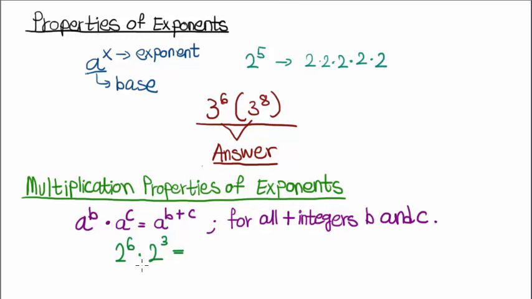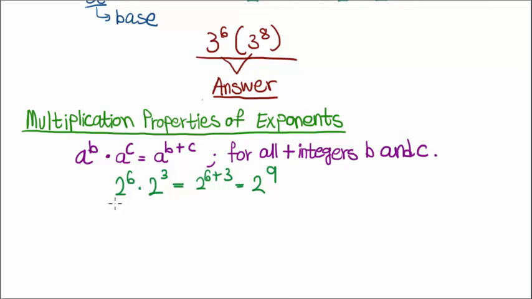So in this case, I can simply add up the exponents together and keep the base the same. So 2 to the power of 6 times 2 to the power of 3 is the same thing as saying 2 to the power of 6 plus 3. And another way of writing 2 to the power of 6 plus 3 is simply saying 2 to the power of 9.